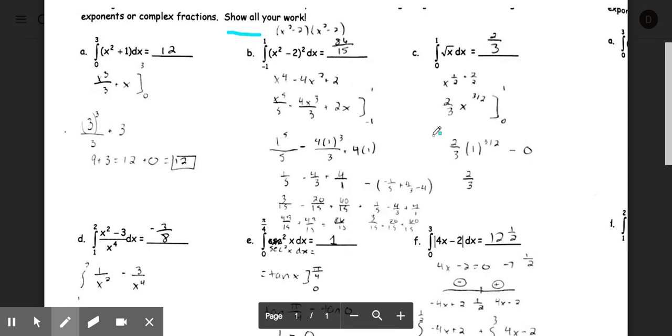Do you guys have any questions on that? I got the 15 as the denominator, but somehow I got 6 as the numerator. I don't know what I did. For up here? Yeah. 3/15, 20/15. Just checking the work here.